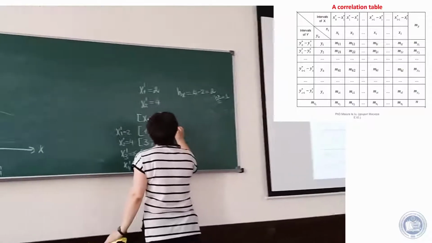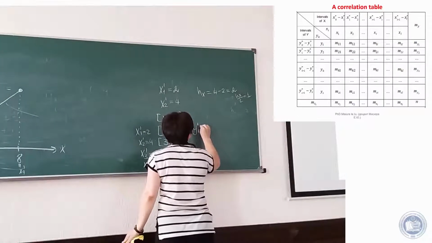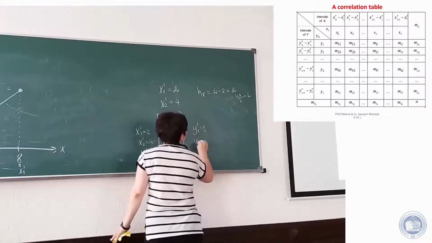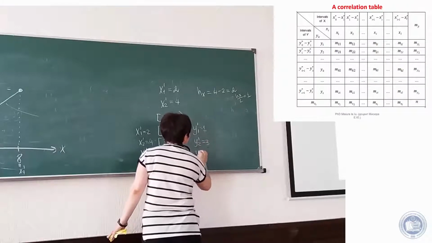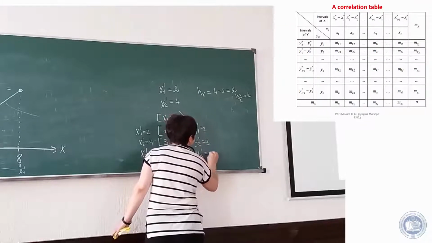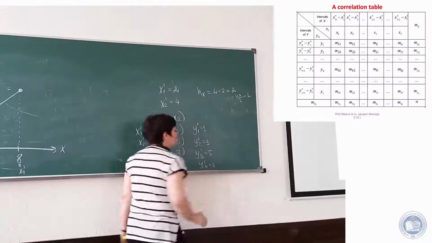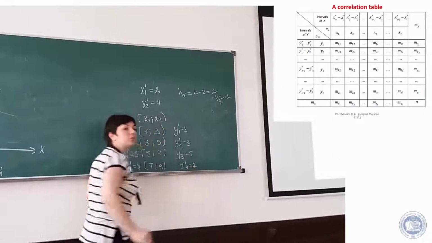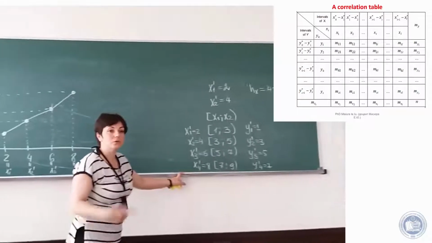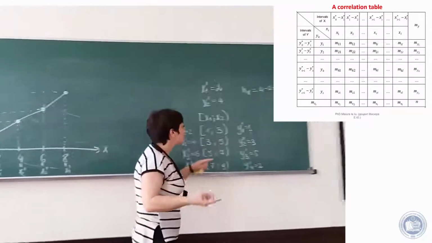Like this, students, let's take values of y. We have first midpoint of y equals 1. The second value is 3. The third value is 5. And the last value is 7. What is the difference between two midpoints? 2, yes? h divided by 2 equals 1.